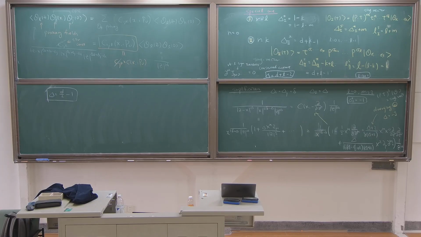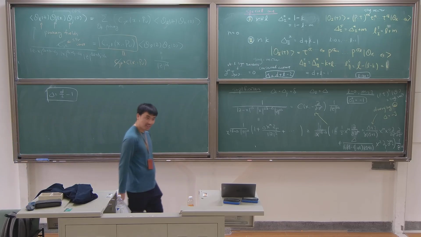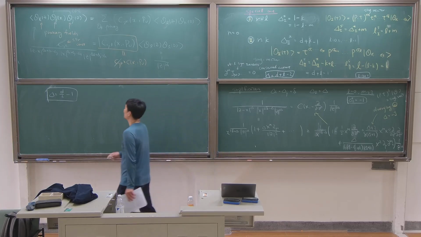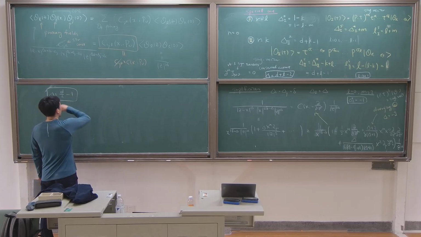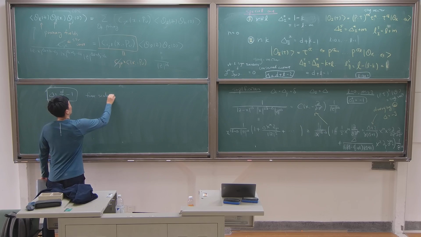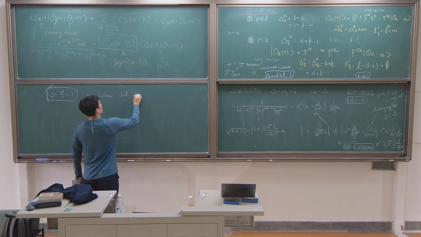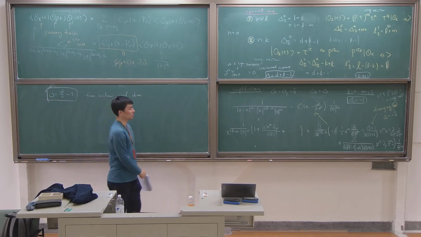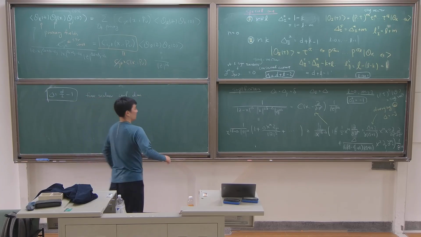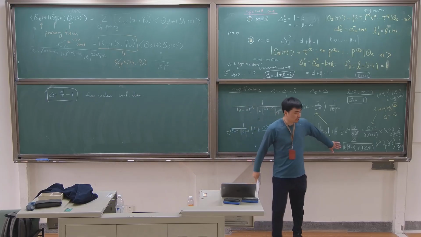When did you encounter this number? So this number has two meanings. This is a free scalar conformal dimension. If this is the case, this term is divergent.